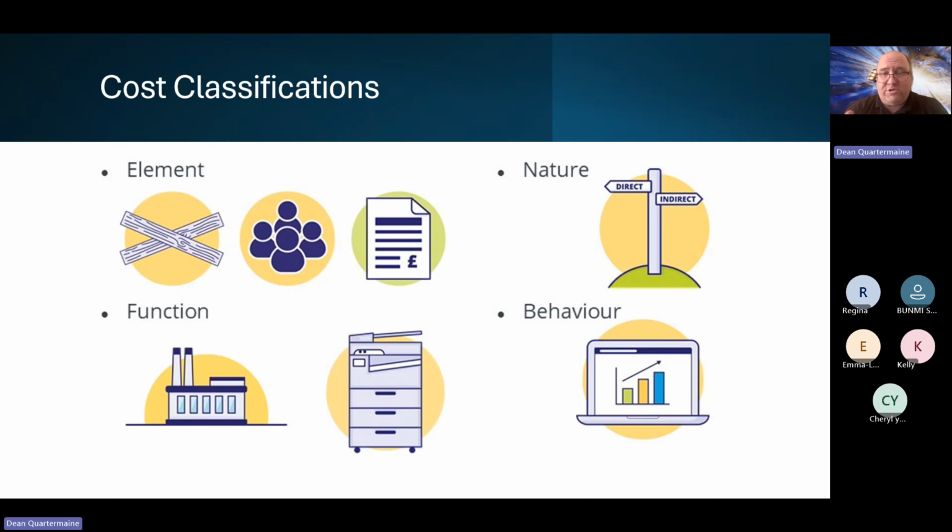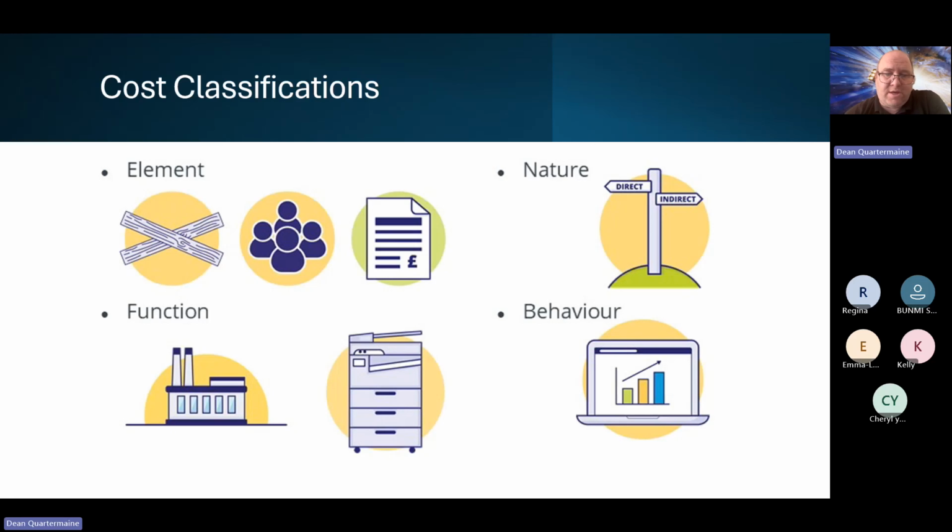So are they materials, which is the planks of wood here? Are they material cost? Are they labour cost? Or are they essentially other cost? Nature: when we're classifying cost by nature, we're saying, are they direct cost, so directly related to the product, or are they indirect costs that we incur, but that aren't directly related to the level of production?